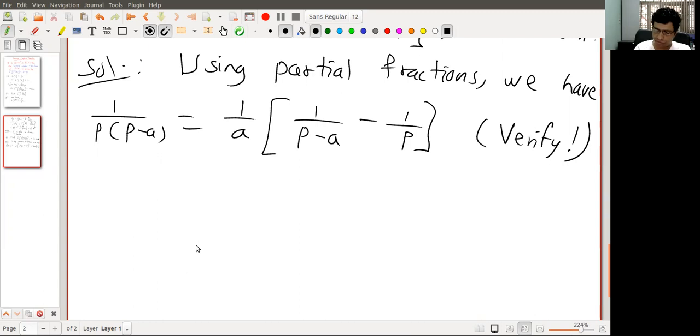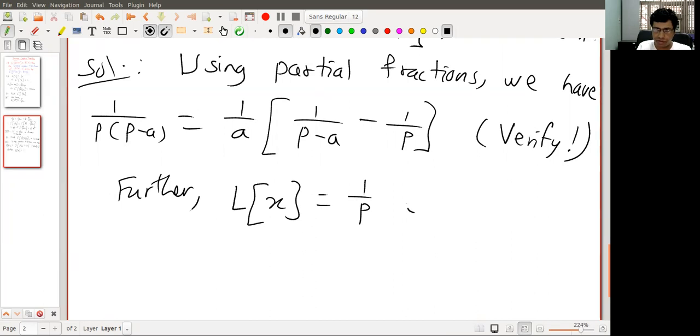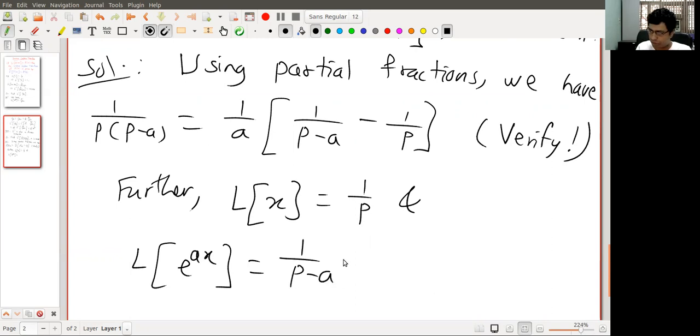Further, Laplace transform of x is 1 upon p and Laplace transform of e raised to x is 1 upon p minus a.